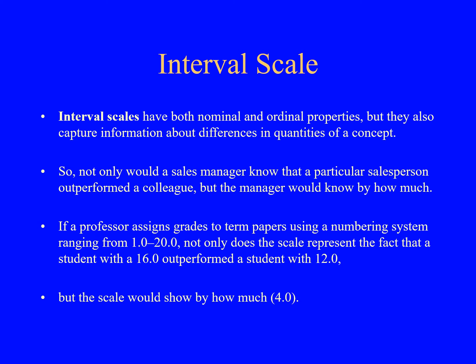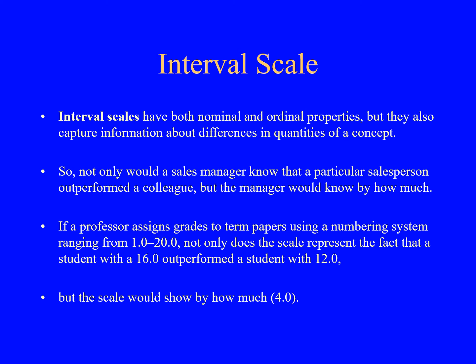Interval scale. Interval scales have both nominal and ordinal properties, but they also capture information about differences in quantities of a concept. So not only would a sales manager know that a particular salesperson outperformed a colleague, but the manager would know by how much.